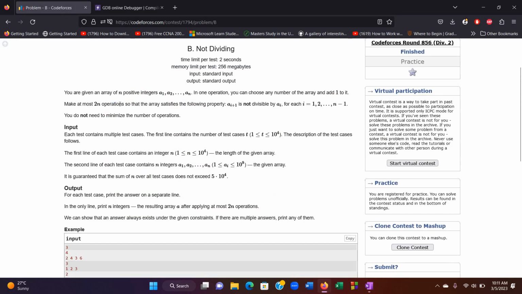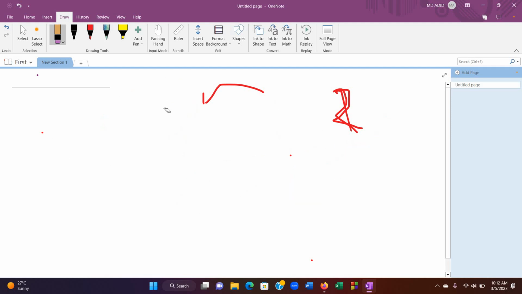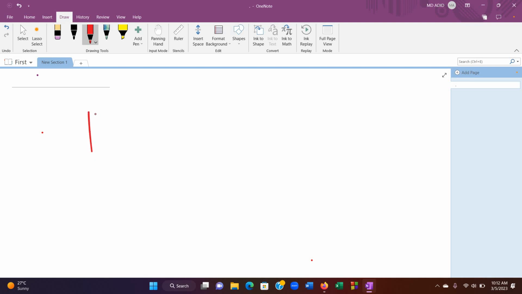We can apply 2 times n operations, and that's exactly what's going to help us. On average, per index, you can increase a number by 2. We have an easy solution to that, as we're allowed to apply 2 times n operations, not n operations.